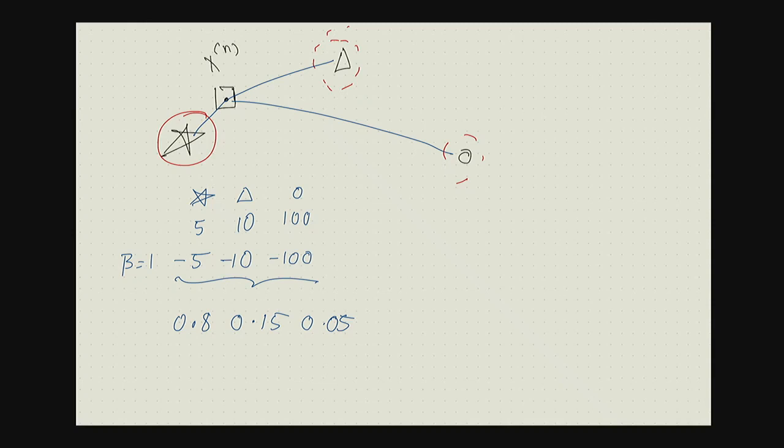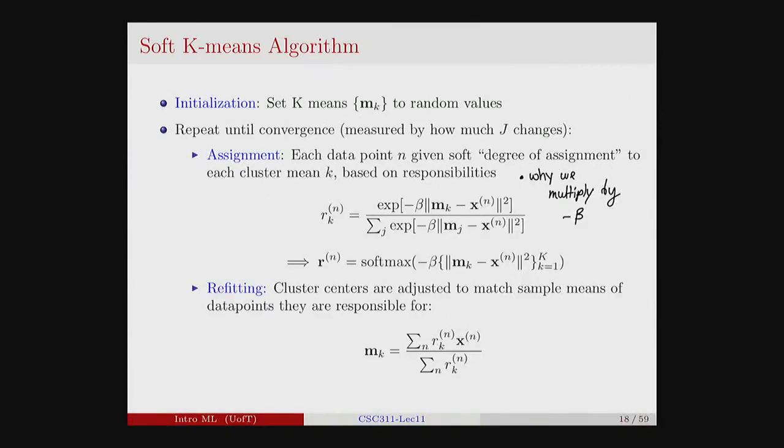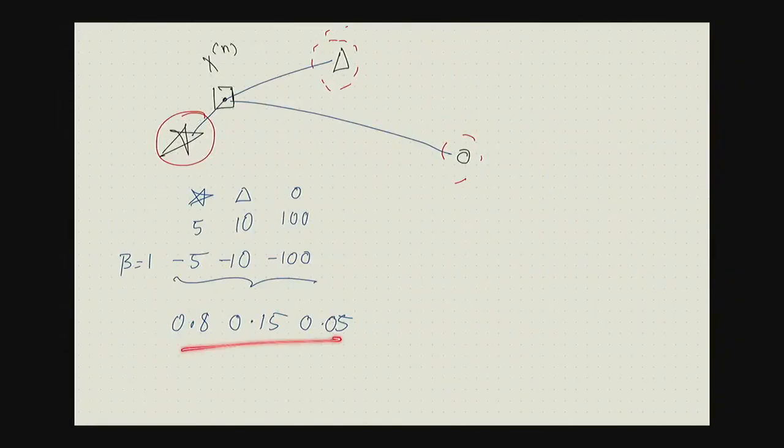So any questions about this idea of multiplying the vector of distances by negative beta and then running the softmax to compute the responsibilities? Yes? So good question. Why multiply it by another beta again? One reason to think about multiplying it by another beta is that we might be able to manipulate the equation that we get to be sharper or more dispersed.